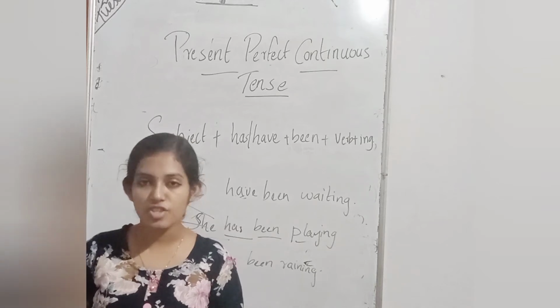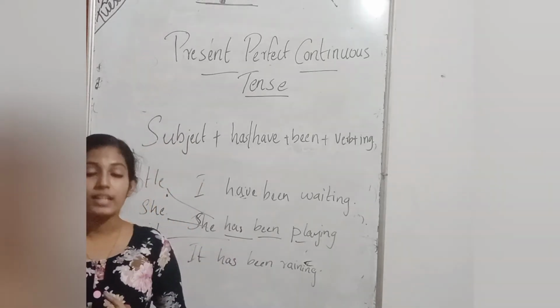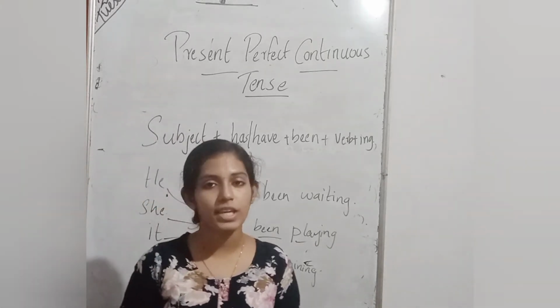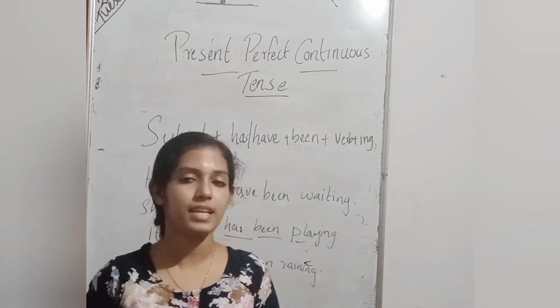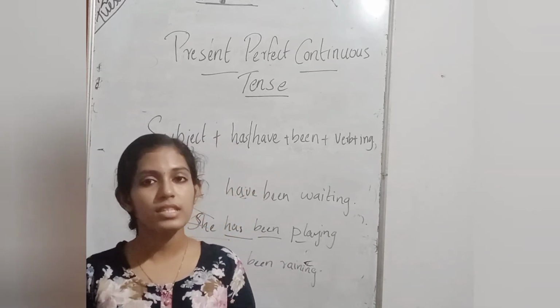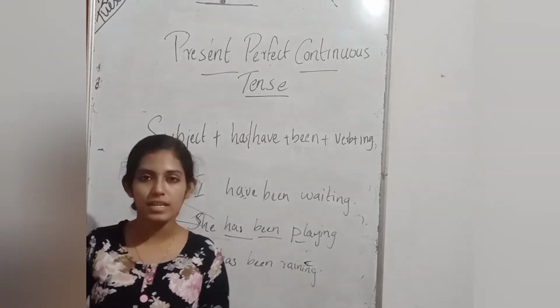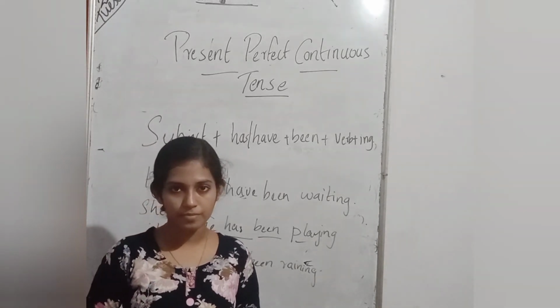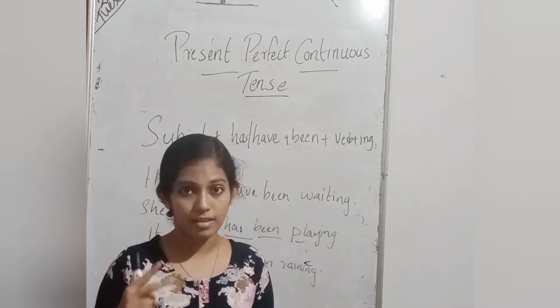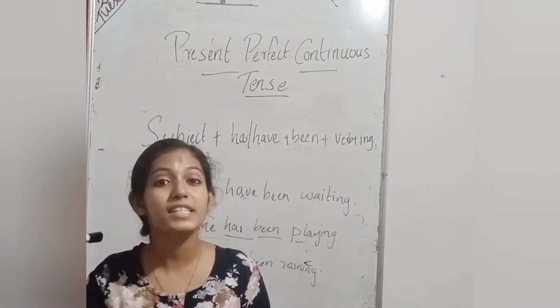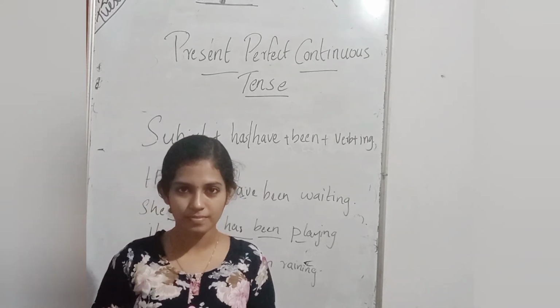So in general we can say that when the subject is I, we, you, they, we use have plus been plus verb plus ing, and when the subject is he or she or it, we use has plus been plus verb plus ing.